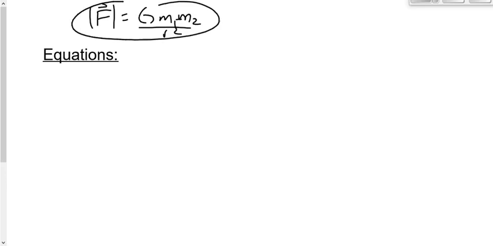We get a couple equations to describe gravitational fields. Remember, there's that force equation. This isn't new. I'll put this above here because it's one that we've dealt with for a couple days now. That's my gravitational force. And remember, as long as you have something that causes the field and something that experiences the field, then you'll have a force.